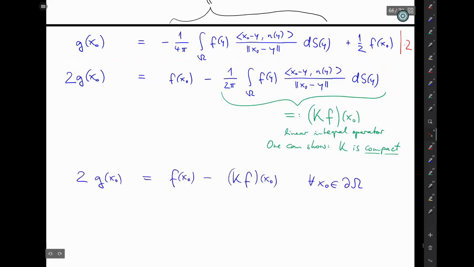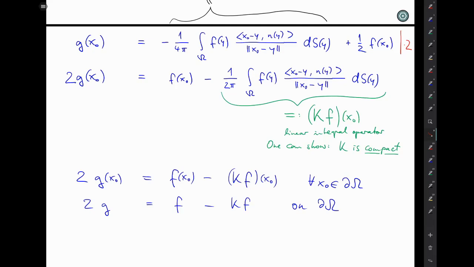So the equation says that 2 times g of x0 is f of x0 minus K of f at x0, and that's supposed to hold for all points x0 on the boundary of omega. Or in short, the following equation of functions holds on the boundary. Okay, so 2g equals f minus Kf.